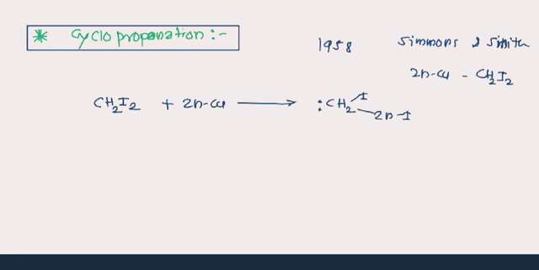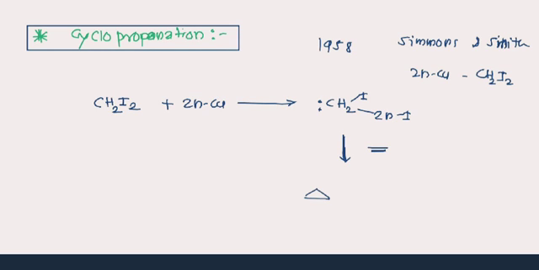That zinc carbenoid is going to react with the alkene, and the product formed is a cyclopropane. So that reaction is called the Simmons-Smith reaction.